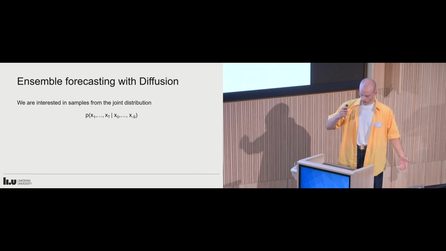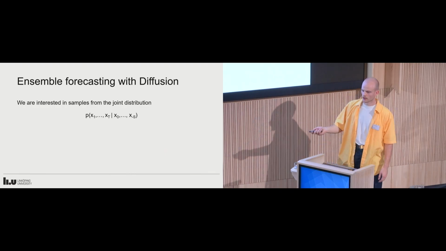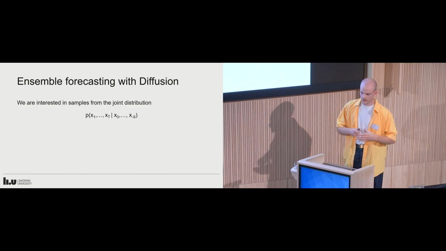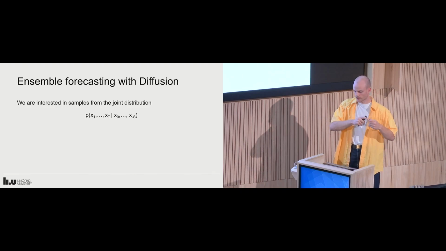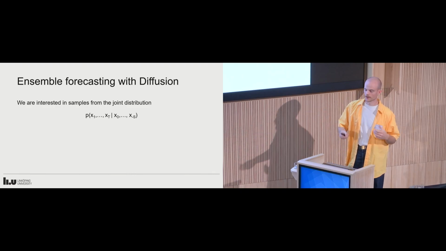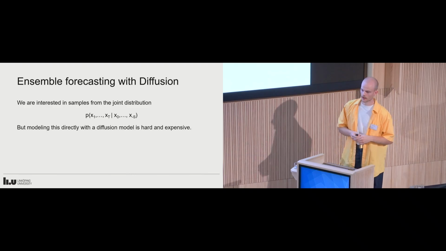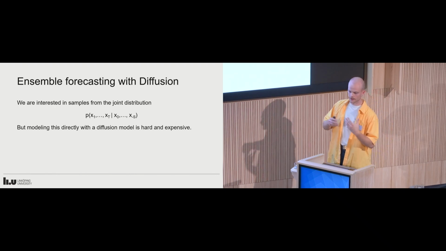And so when you say that you want to train a diffusion model for something, you have to specify what you want the diffusion model to sample from. In the end, what we're interested in is samples from the joint trajectory distribution given some previous history. However, trying to model this directly with a diffusion model is a very hard and expensive task.